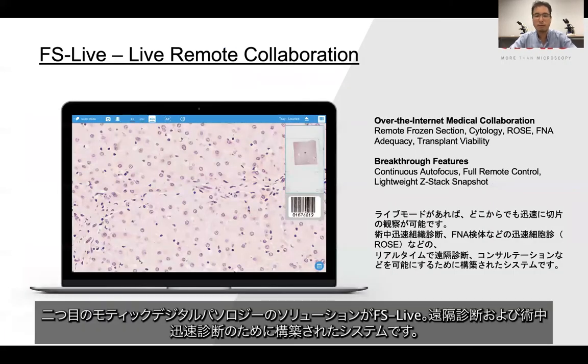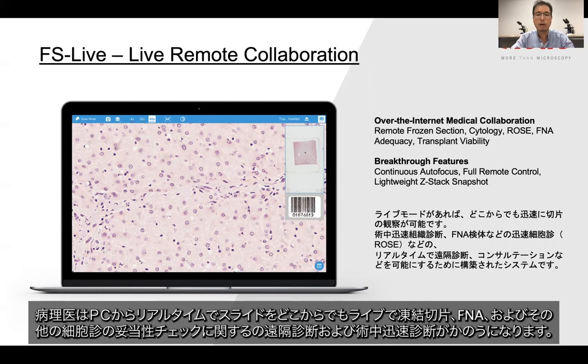Now, I would be remiss if I didn't mention the second way that you can do digital pathology without needing to travel, and that is our FS Live program, which is for live remote collaboration. We built this so that the pathologist can, from their desk, control the scanner in real time in a separate location. It could be in the lab of a partner hospital or somewhere halfway across the world.